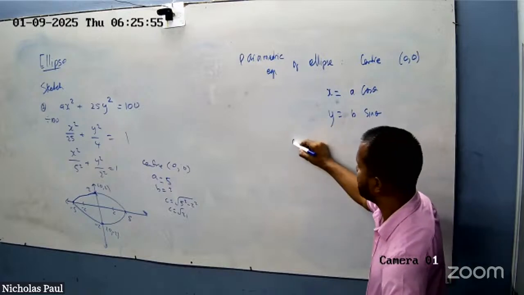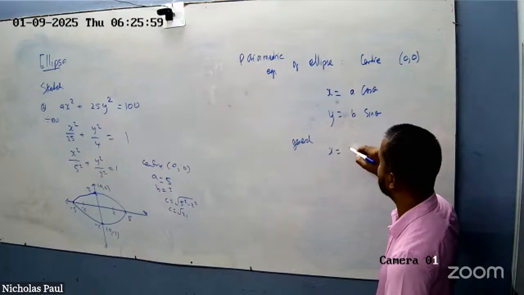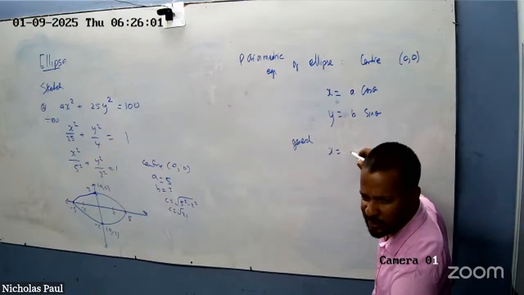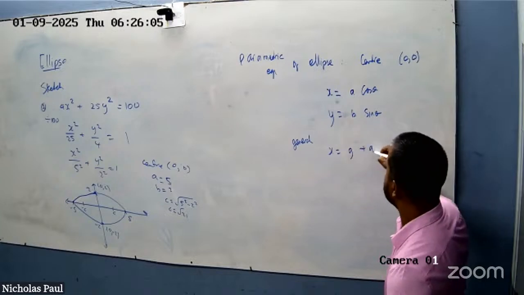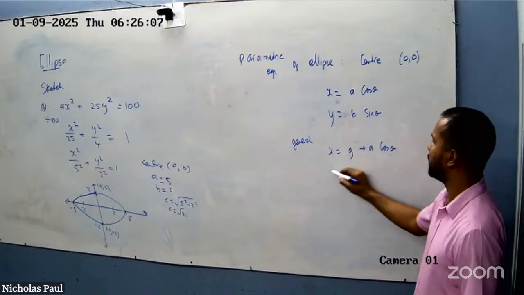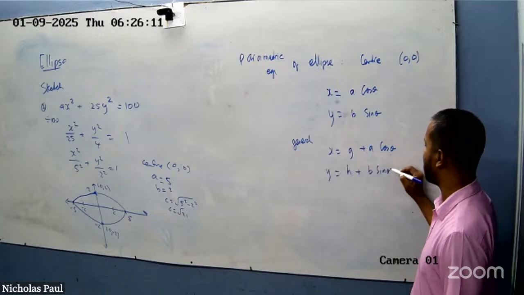Okay, and in general, it will be x is equal to, what letters did I use again? G and H? Yeah, use G and H. G plus A cos theta and y is equal to H plus B sin theta. Right?